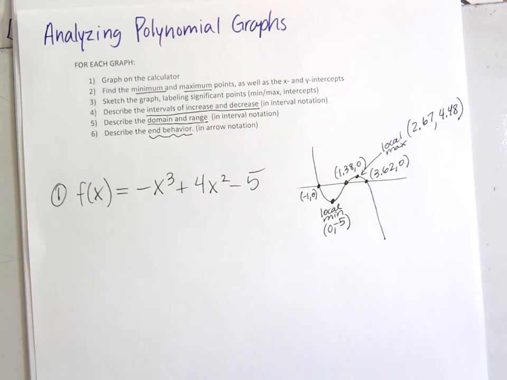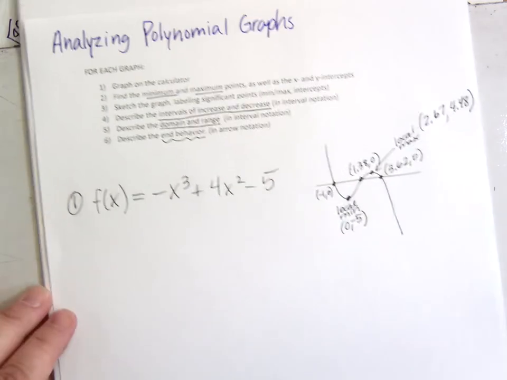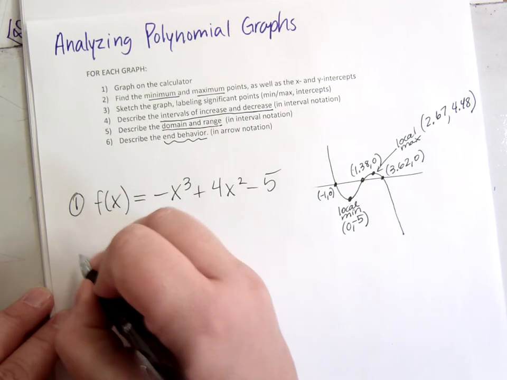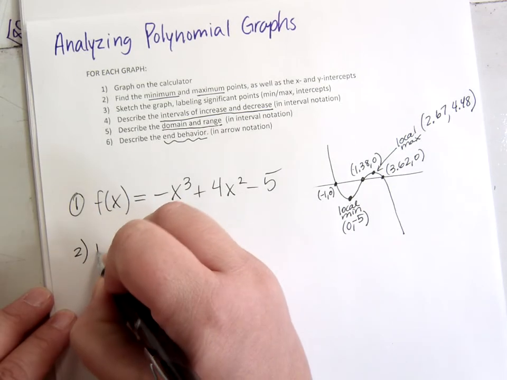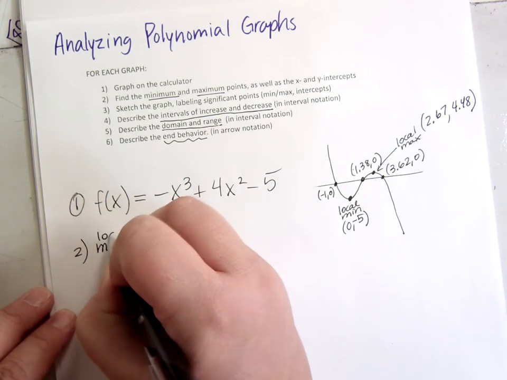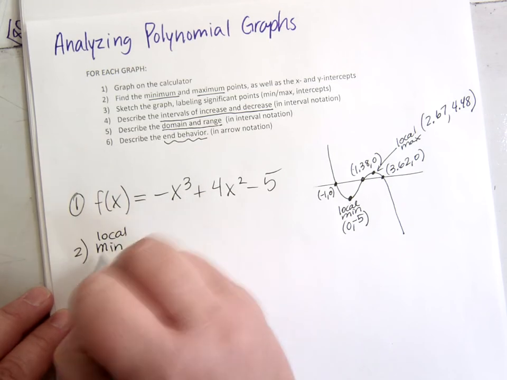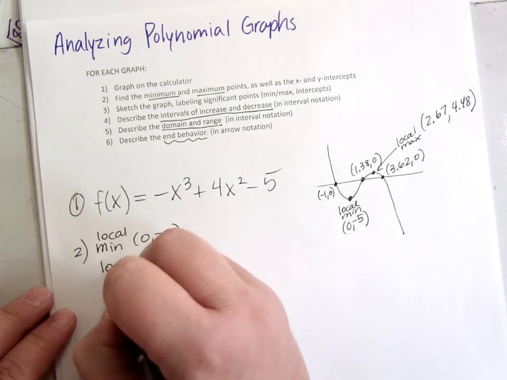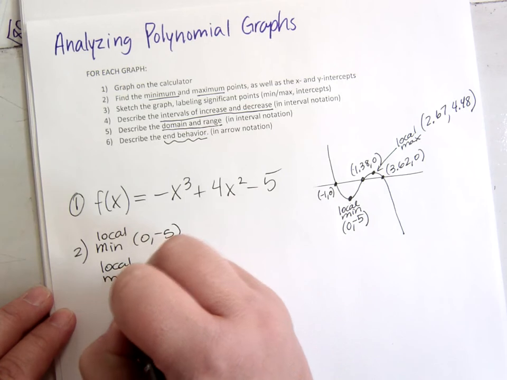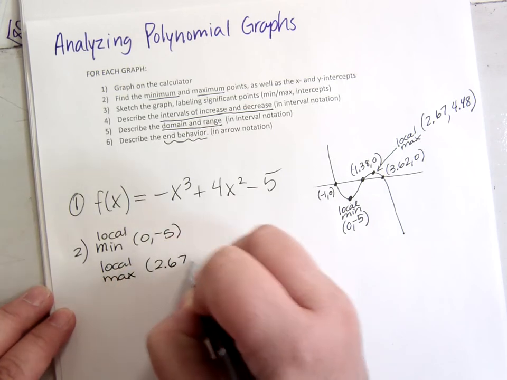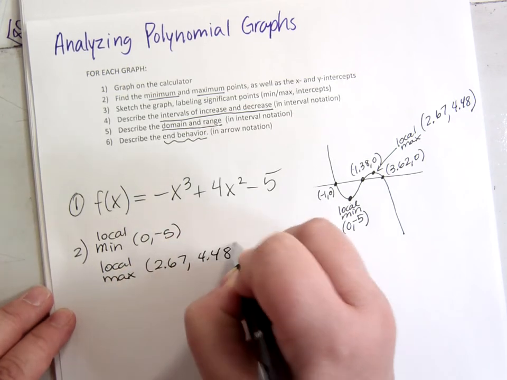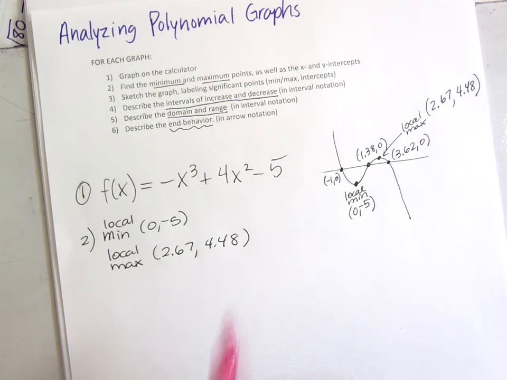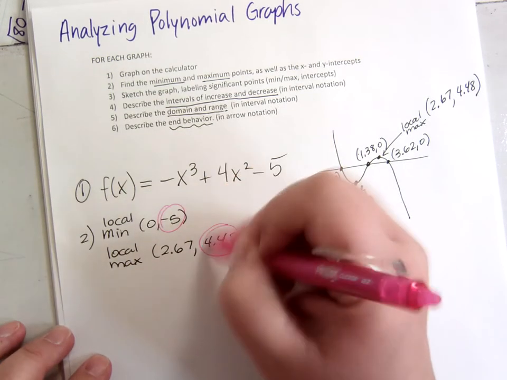Okay, so find the minimum and maximum points. I'm going to say local min is at 0, -5. I have a local max at 2.767, 4.48. Keep in mind the min is actually the y value and the max is actually the y value.